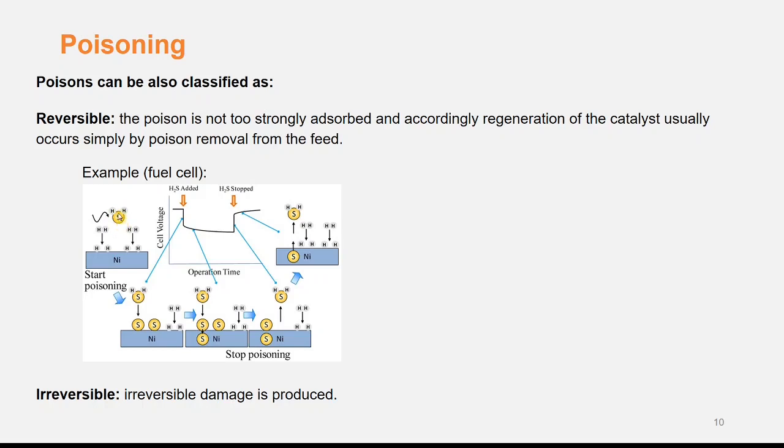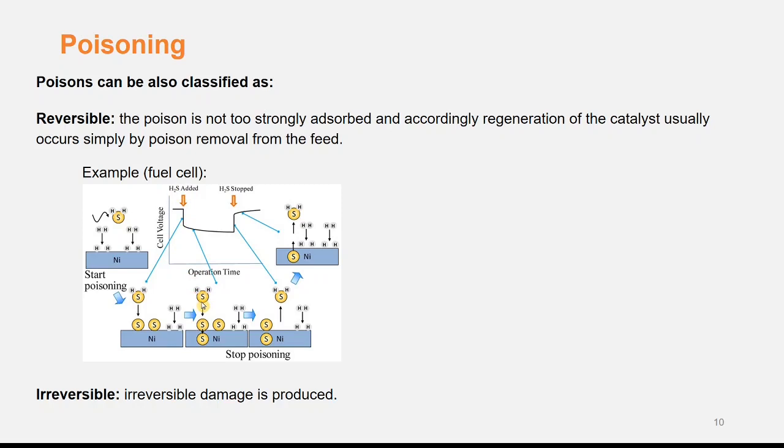This hydrogen sulfide can then preferentially adsorb onto the nickel catalyst surface, preventing the hydrogen from getting to the surface. Here you can see that the cell voltage drops suddenly due to poisoning when hydrogen sulfide is present in the feed.